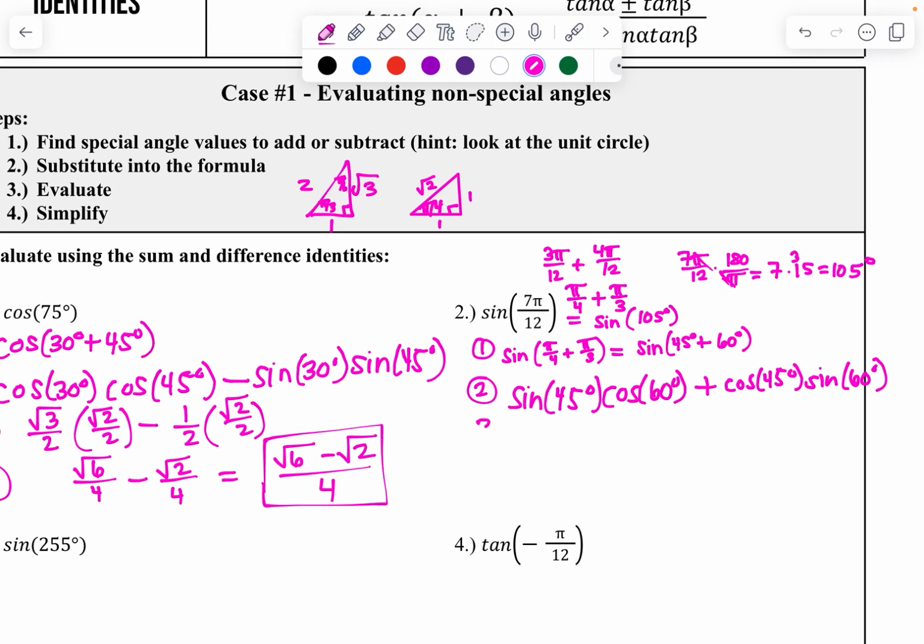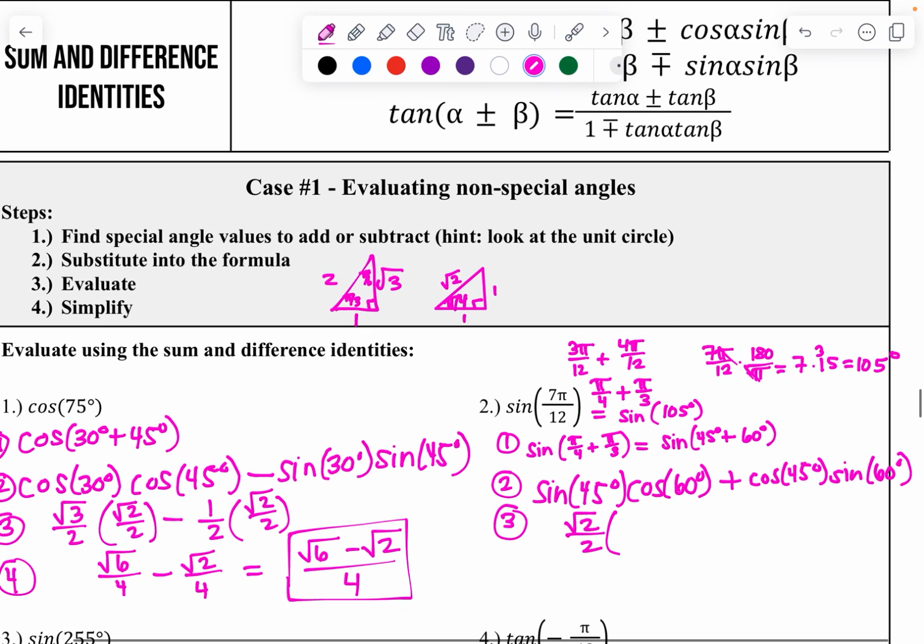And now we evaluate. So we know the sine of 45 degrees is square root of 2 over 2. Cosine of 60 degrees, well, that is the pi thirds. And so if we want cosine, it's adjacent over hypotenuse, so it's 1/2. Again, cosine of 45 is square root of 2 over 2.